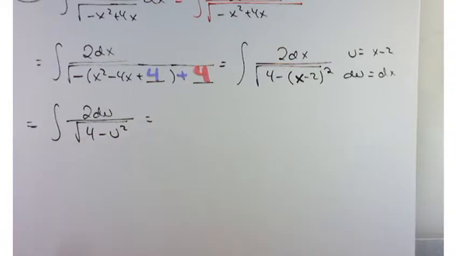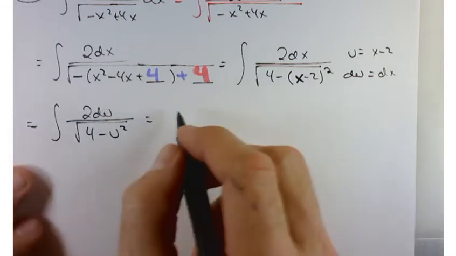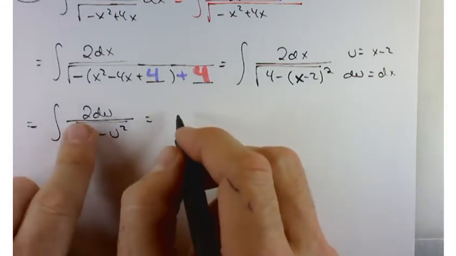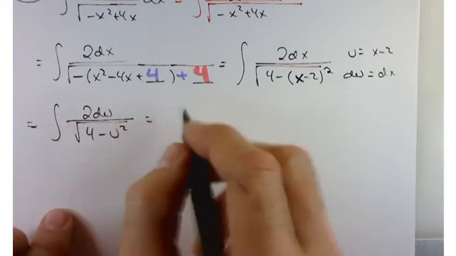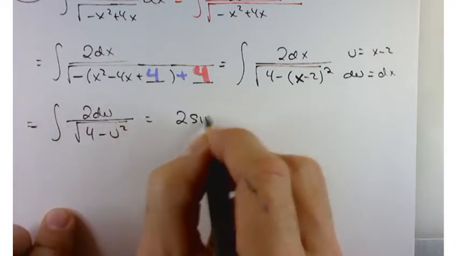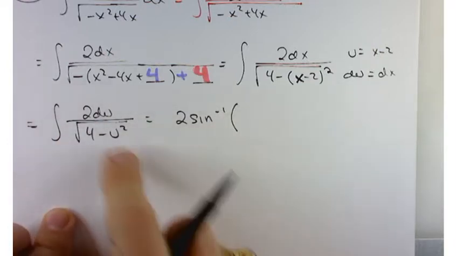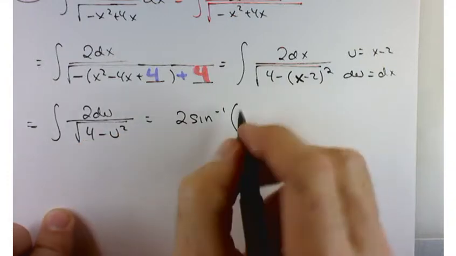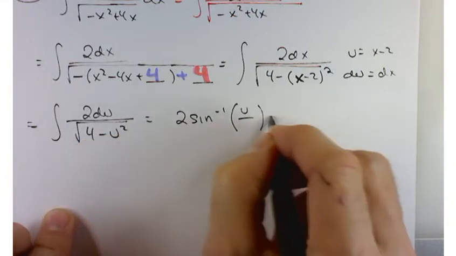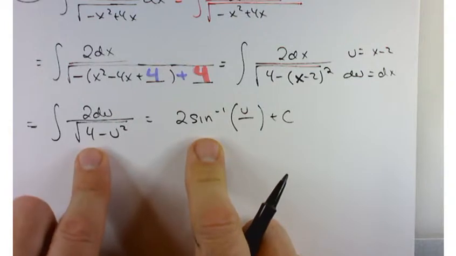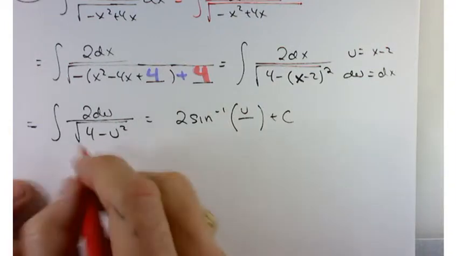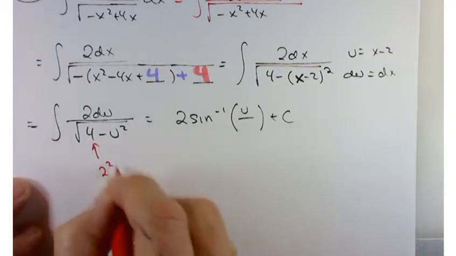Which one of these rules can we use? The ones in the book or the ones on the right-hand side board? Arc sine. So that 2, maybe I should have factored it out in front. 2 times the arc sine of u over what? Yeah, that's 2 squared.